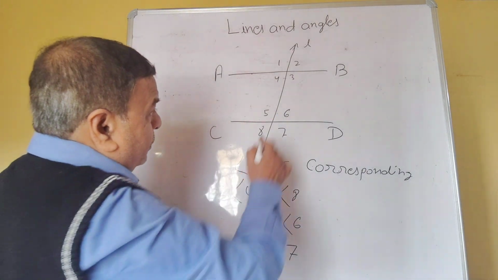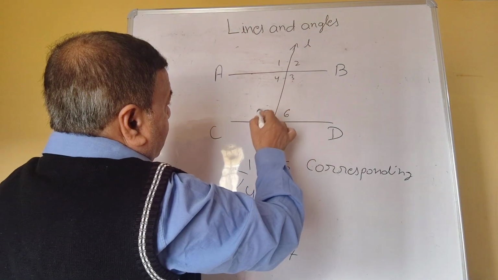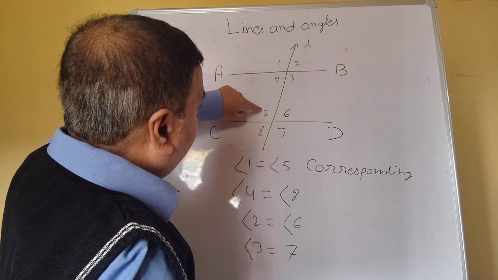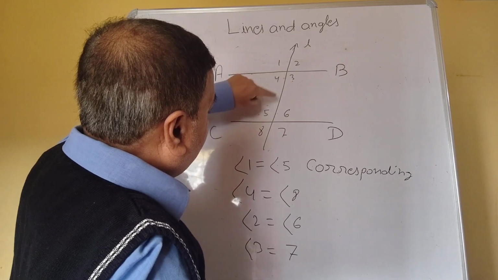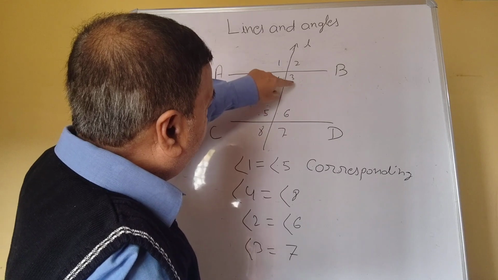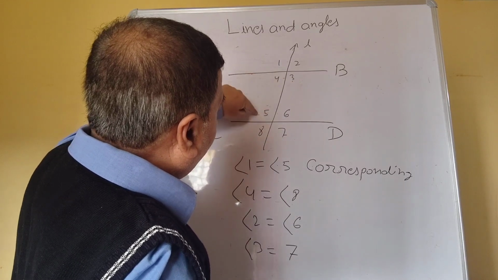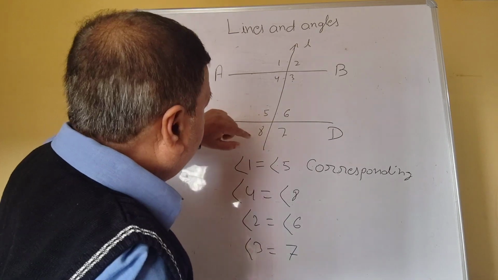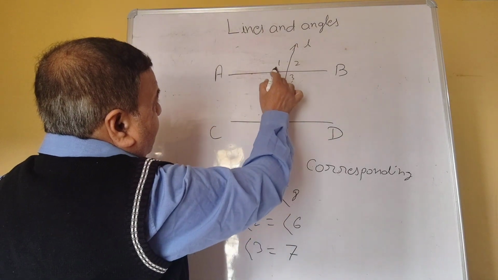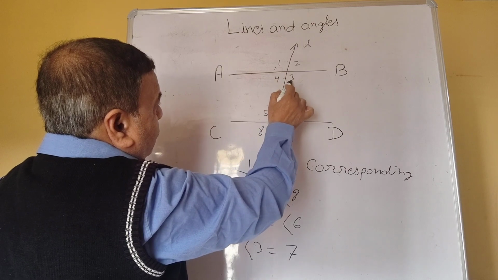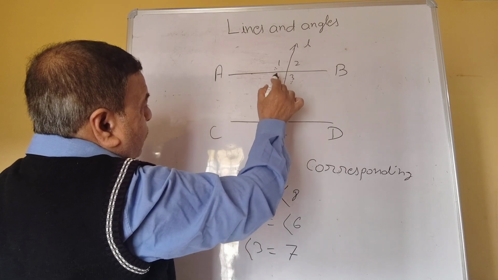Now one more thing, angle 3 will be equal to angle 5. These angles are called alternate angles. It's very easy. How can we say 3 and 5 are equal? Because see, 3 and 1 are vertically opposite angles, so angle 1 is equal to 3. And 1 is equal to 5 as well.